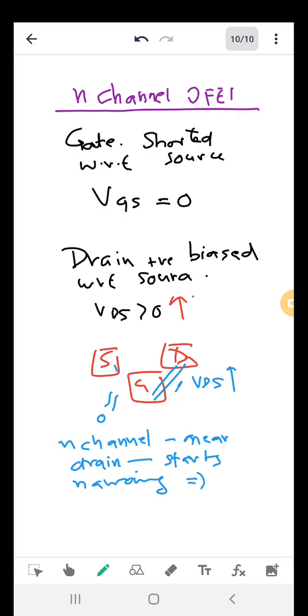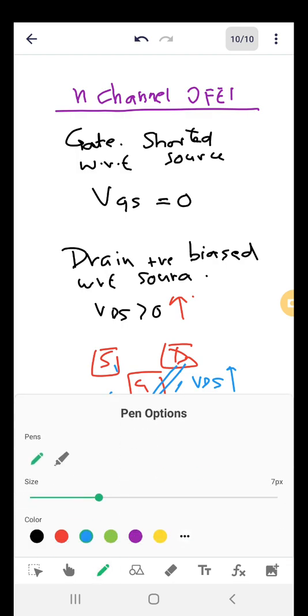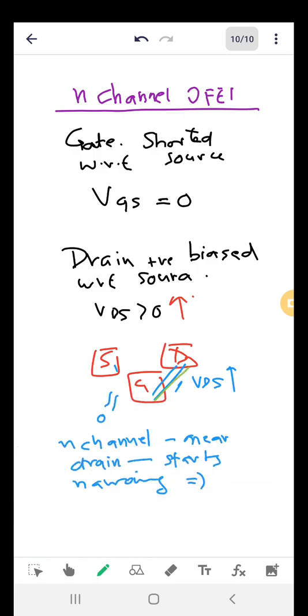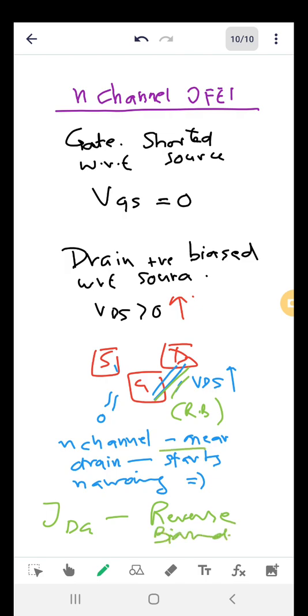This is mainly because the drain-gate junction is reverse biased. This is the reverse biased junction between the drain and gate. Therefore the N channel starts narrowing down at the drain.